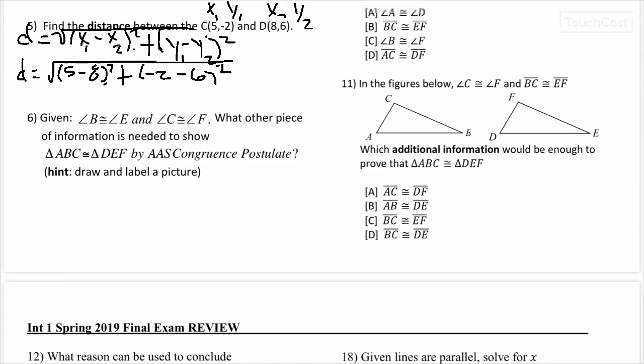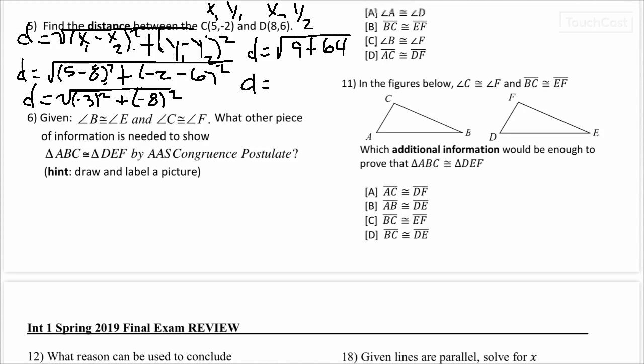But yeah, so let's see, this would be -3 squared plus -8 squared, which is roughly 9 plus 64. Using my handy dandy calculator, it comes out to be the square root of 73. That's the answer.